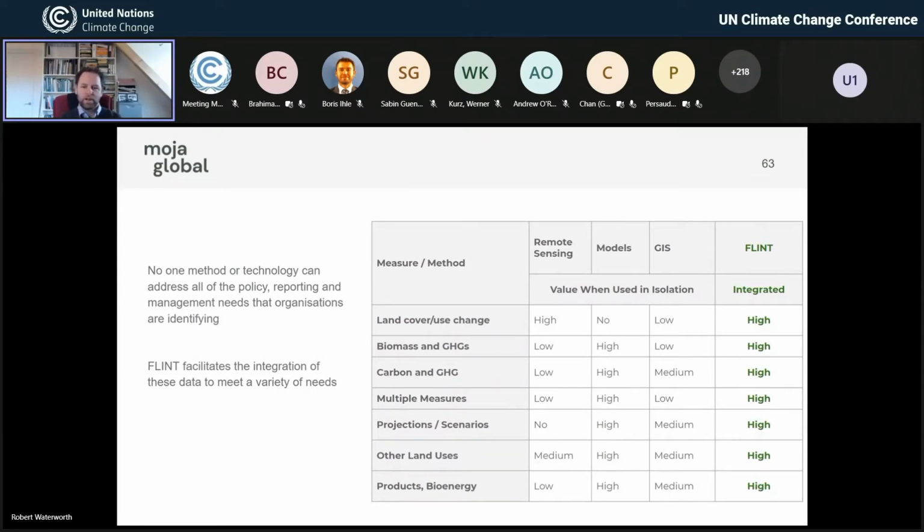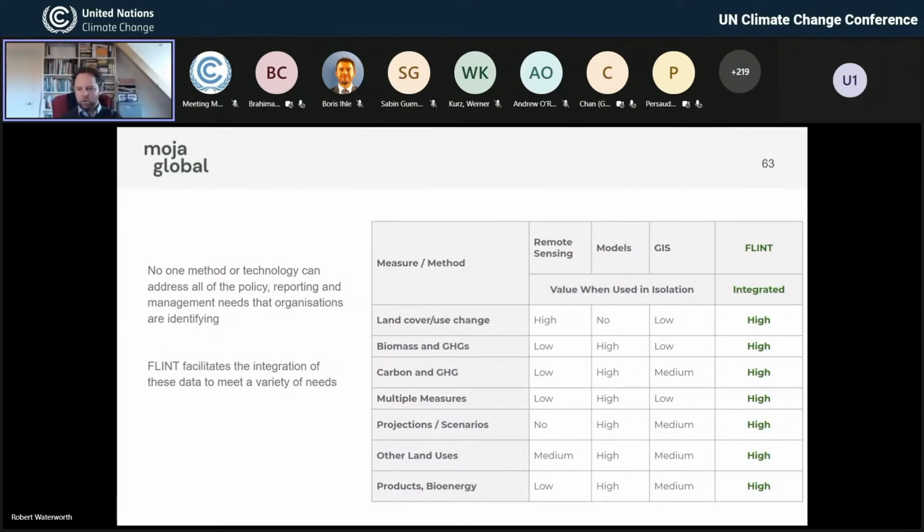If you're looking to directly estimate biomass, in particular your greenhouse gas emissions, remote sensing is generally pretty low. It's probably moving towards medium with things like the GEDI mission, but it's still not operating in time series properly. And so I think it still sits at low, and we can all have a good argument about that later on and where that's going to go.